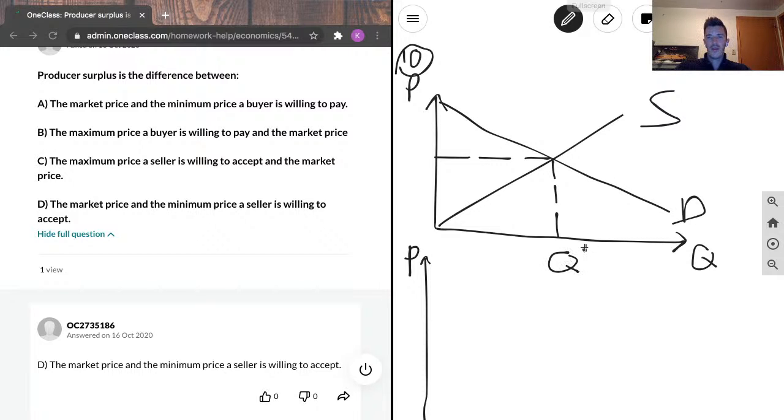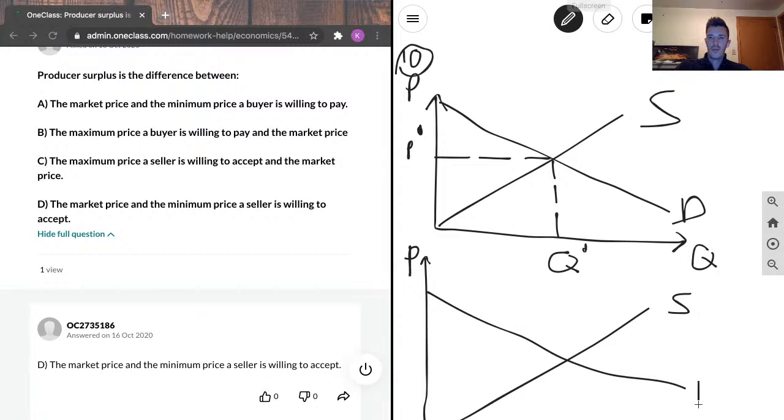So we've got our Q star and our P star. This is our equilibrium quantity and equilibrium price. I'm going to draw the same graph down here. We've got that same equilibrium quantity and equilibrium price.